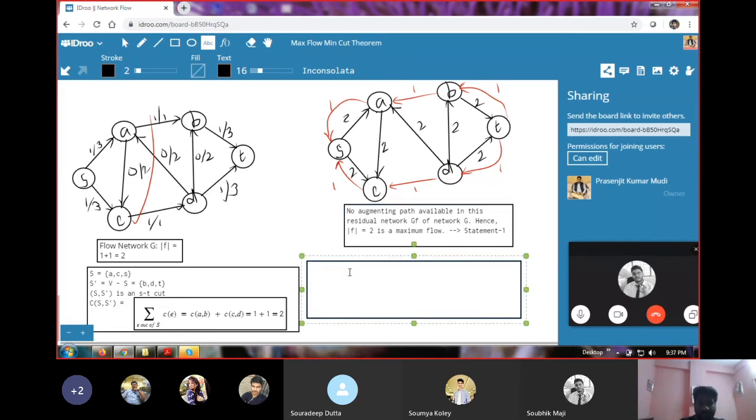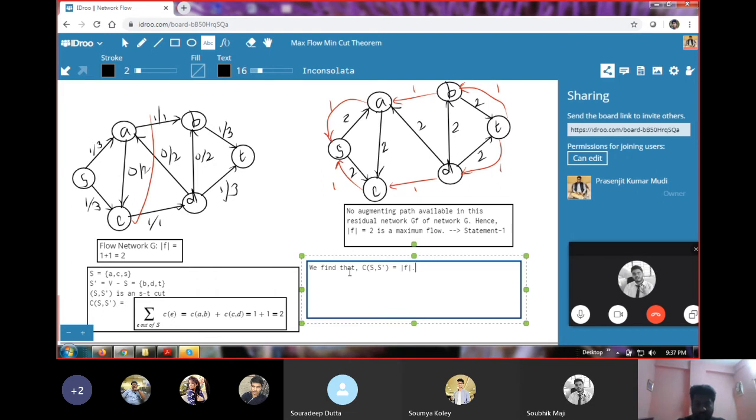Now we find that C of S comma S prime is equal to the maximum flow.